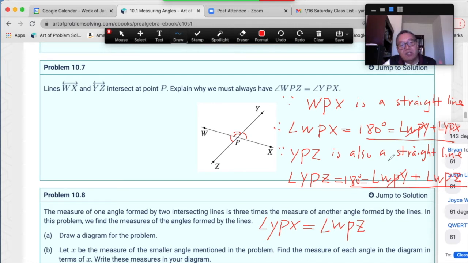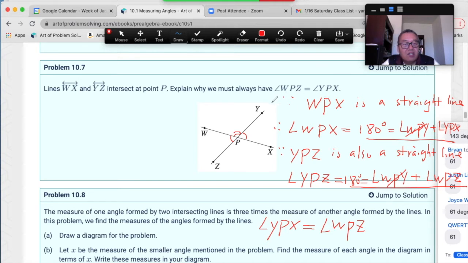So the most important thing is a straight angle equals 180 degrees. We use this angle plus the same angle WPY, and we can also use this angle plus this WPY. Therefore, these two angles have to be the same. Otherwise, they cannot happen.